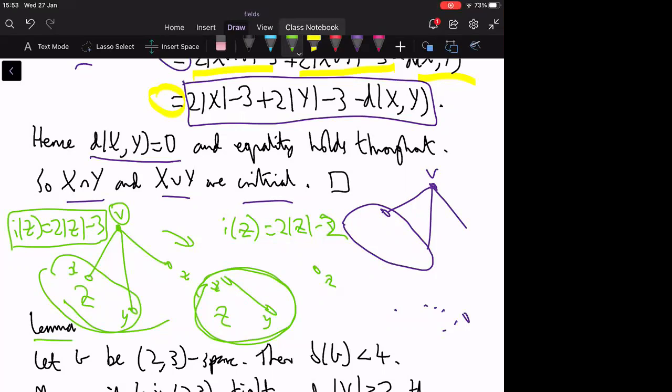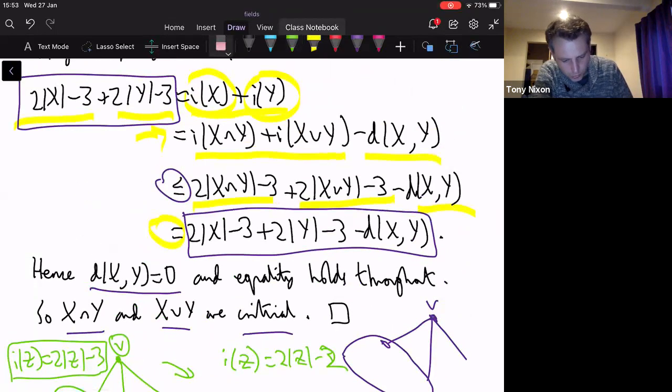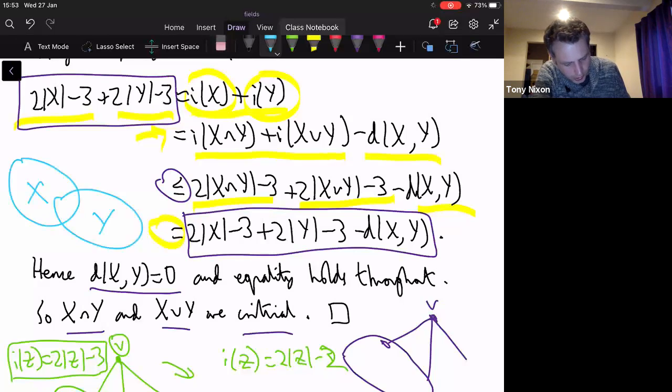Okay, and then dXY, was that the intersection of X and Y? So dXY was, you have your set X and your set Y, and in the union you could induce edges of this form. So dXY is exactly this.